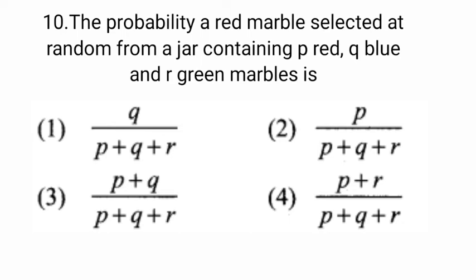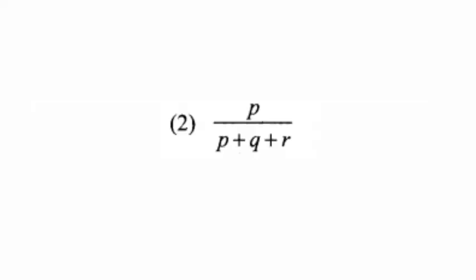How many red marbles here? Yes, P red marbles. Therefore probability of red marble, P of A, equals n of A divided by n of S. n of A equals P, and n of S equals P plus Q plus R. Option is 2. Answer is P divided by P plus Q plus R.